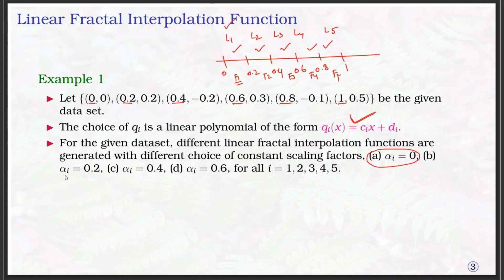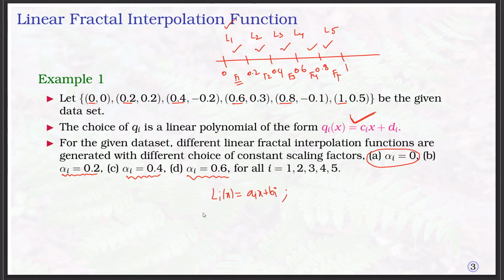Then in the second case I am choosing alpha i as 0.2, the third one alpha as 0.4, and the other one alpha i as 0.6. That means if I choose alpha i equal to 0, I will get one iterated function system, and so one fractal interpolation function, because Li of x equals Ai x plus Bi.